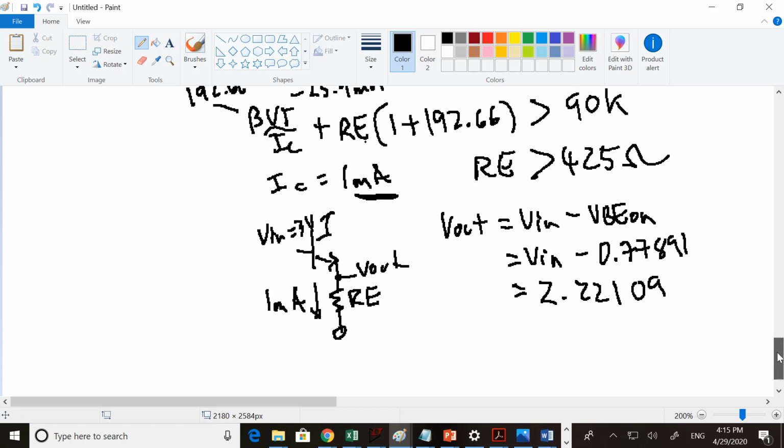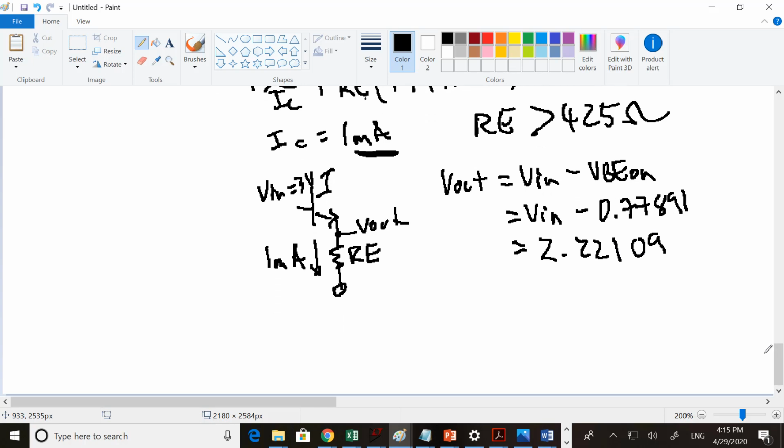So what does RE need to be? You have 2.22109 volts, that's the voltage across it. You have 1 milliamp. So you multiply this by 1,000?